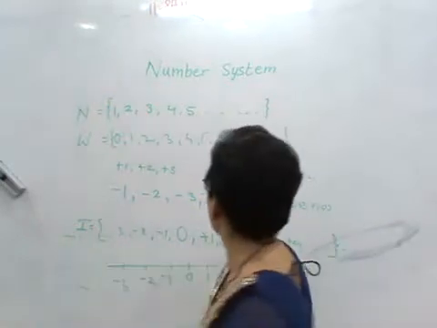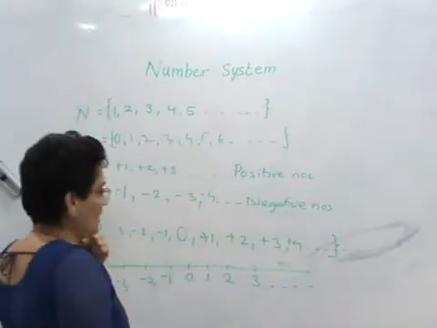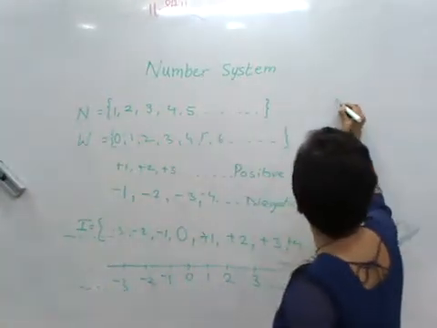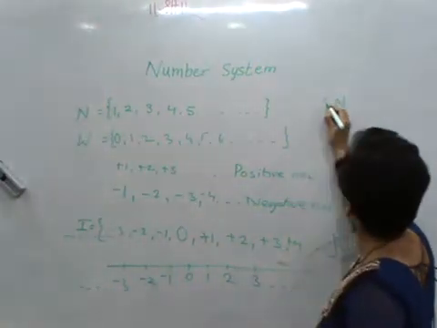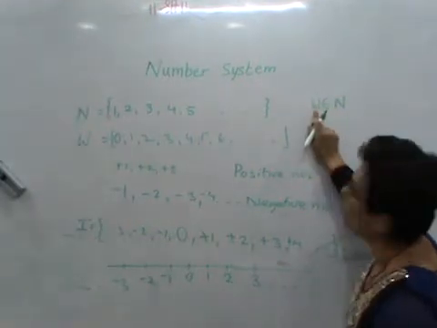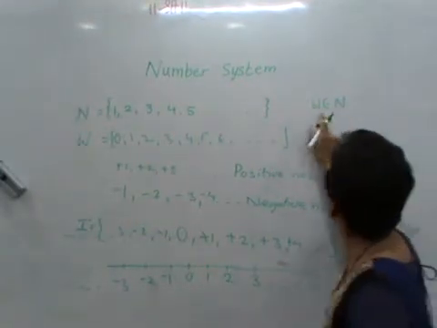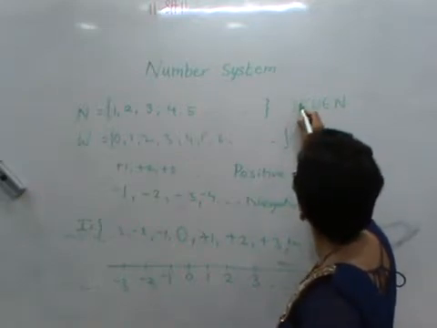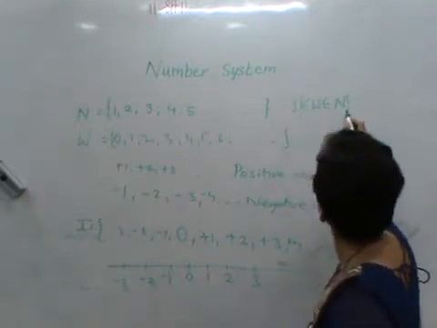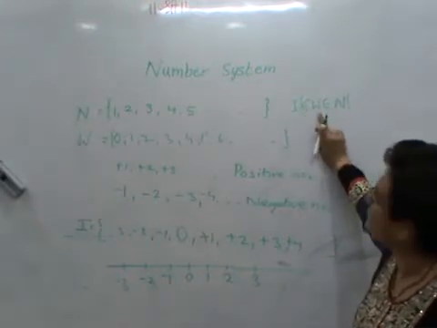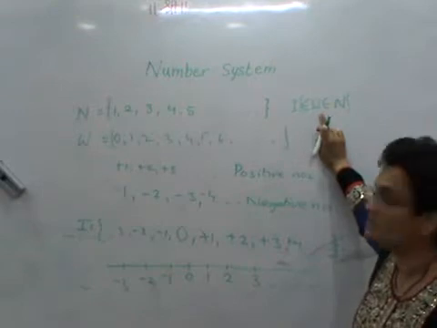So roughly you can say natural numbers belong to whole numbers, and whole numbers and natural numbers belong to the family of integers. Natural numbers belong to the family of whole numbers.